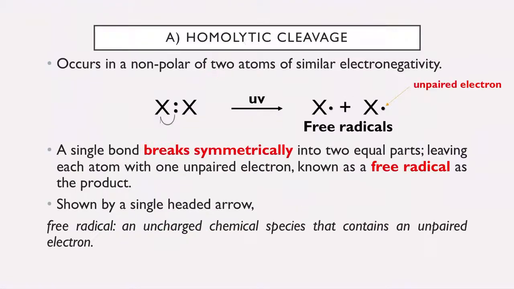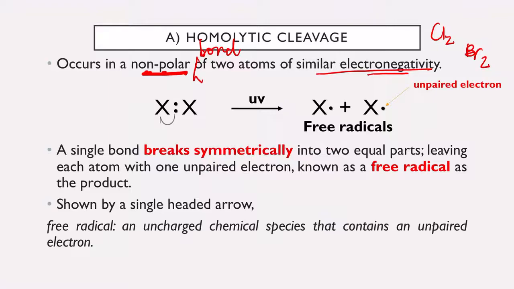So let's see the first one, homolytic cleavage. What does it mean? How does it happen? It occurs in a non-polar bond of 2 atoms of similar electronegativity, for example Cl2, Br2. Okay, so you have molecules of the same atom, so same electronegativity.